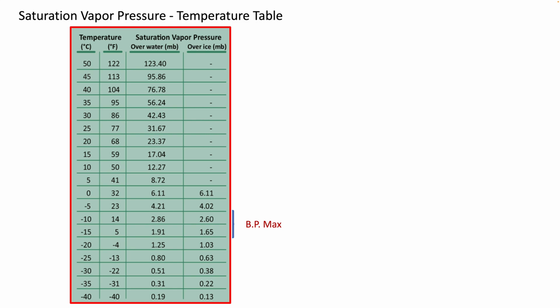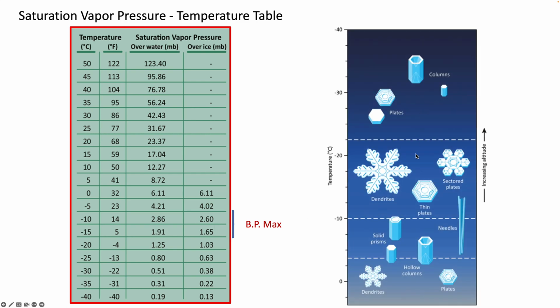If you actually get upward motion in a cold cloud within a region where the temperature is between 15 and 20 below Celsius, or 5 and 4 below Fahrenheit, this is where you're going to get your most rapid ice crystal growth. Again, meteorologists refer to this as the dendritic growth zone. This gives you an idea of the types of ice crystals that form in a cloud based on the temperature.